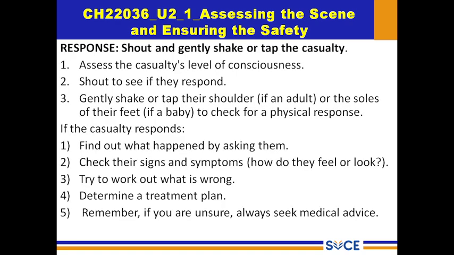Next comes the next protocol, response. There are two types of response. One is if the casualty responds, find out what happened by asking them. If they are responding, first you ask them what happened to you. If they are able to reveal it, it's good. At the same time, check that the signs and symptoms are correct.